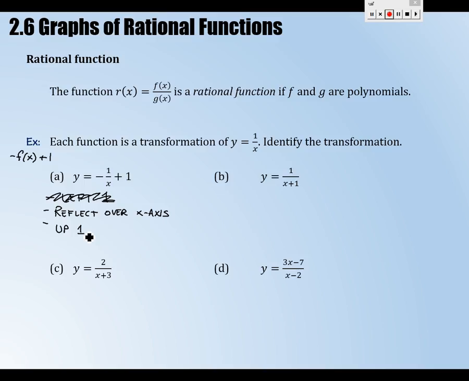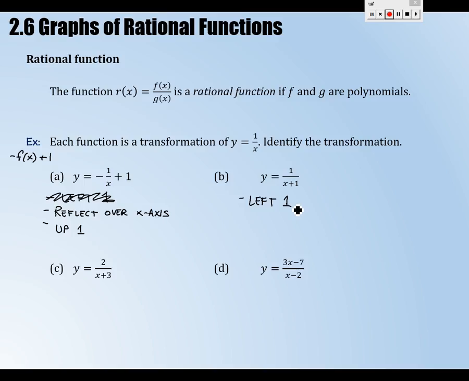What about B? Piper, how'd you do on B? Okay, so this one is left 1. I think I agree. And that's it, right? There's nothing else to say there.